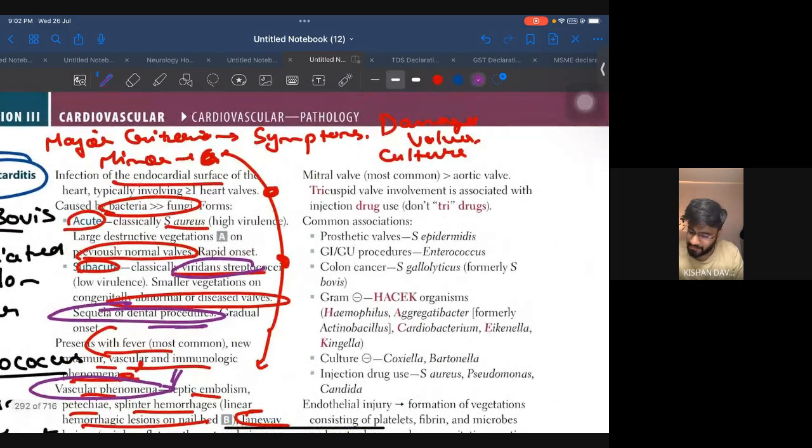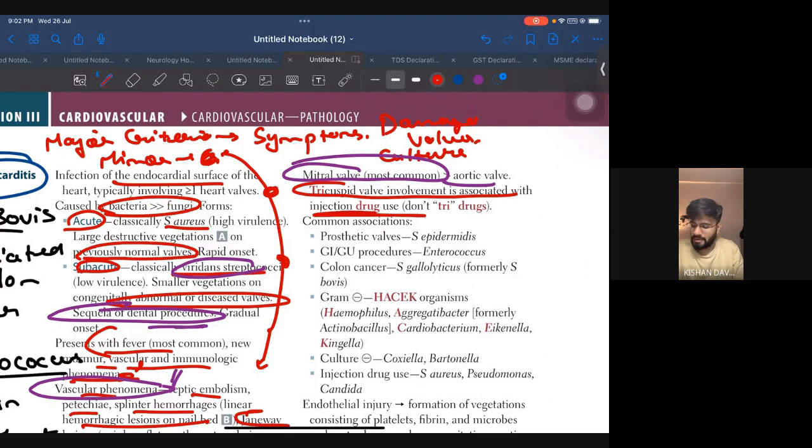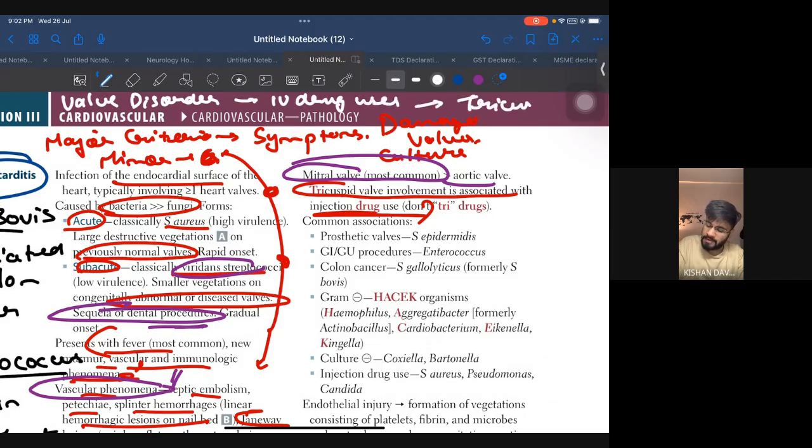Now, the mitral valve is the most common, then the aortic valve. Now another case: tricuspid valve involvement is associated with drug use. See, a general rule of cardiology: if they want to ask you about a valve disorder and they say the patient is an IV drug user, go for the tricuspid valve with your eyes closed.